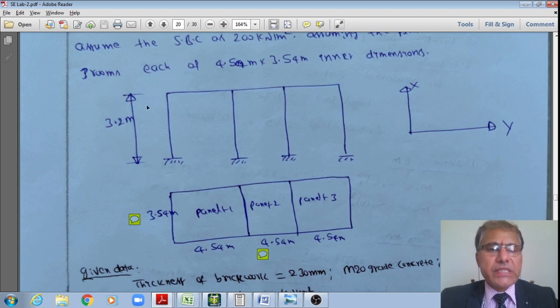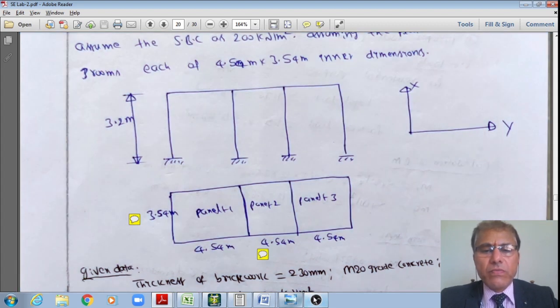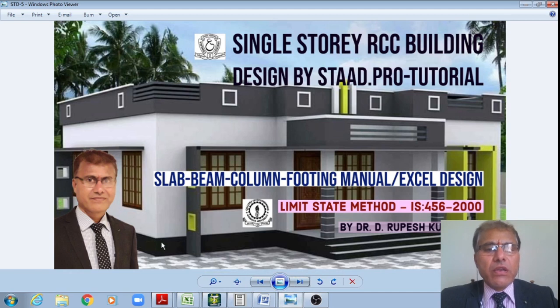Now we can see this is the cross section of this frame, which is 3.2 meter height. The columns are 3.2 meter height, right. Obviously this 0.2 meter is there in CRS masonry level, and remaining just above the floor finishing level is 3 meters.